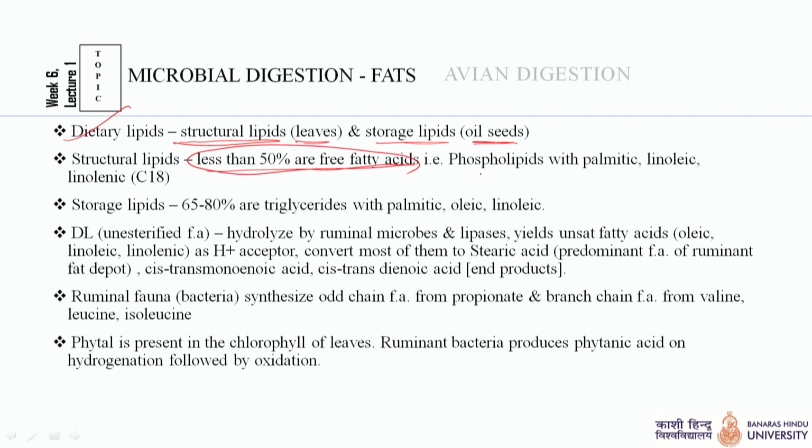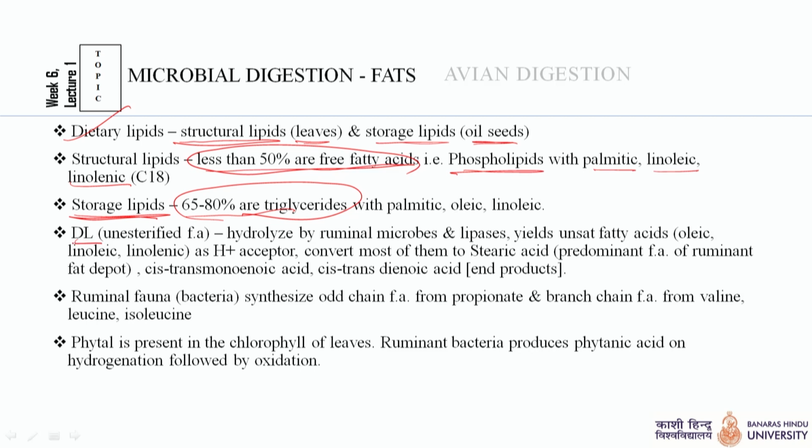The majority is phospholipid in nature, with palmitic, linoleic and linolenic acid. Whereas the storage lipid in oil seeds is around 65 to 80% triglycerides in nature, with palmitic, oleic and linoleic.